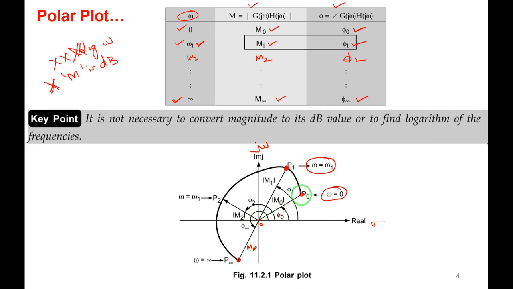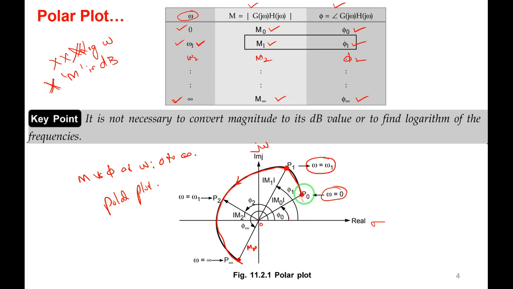Then just go on joining all these points. This itself is the polar plot: magnitude versus phase as omega is varied from 0 to infinity.